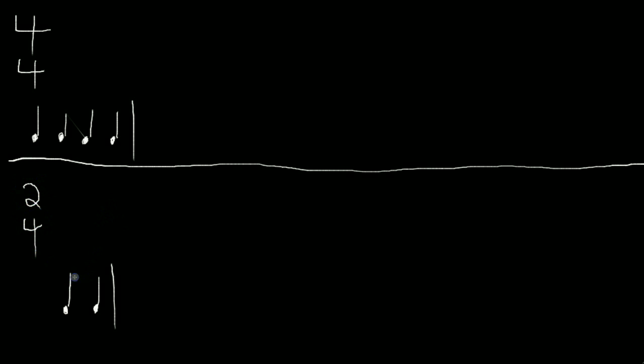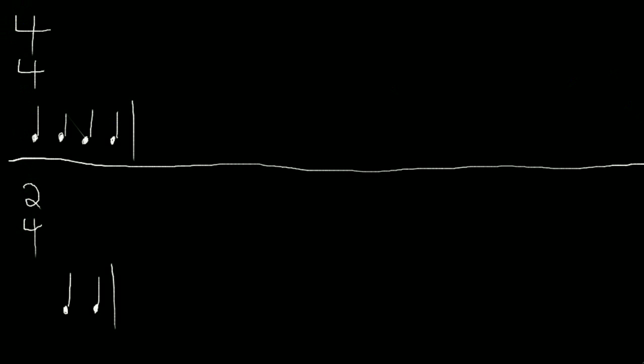This is review. If you don't understand this, you should go back in the playlist and watch the videos I've got on time signatures, and the earlier video where I'm doing examples with different time signatures. Hopefully you understand this though.